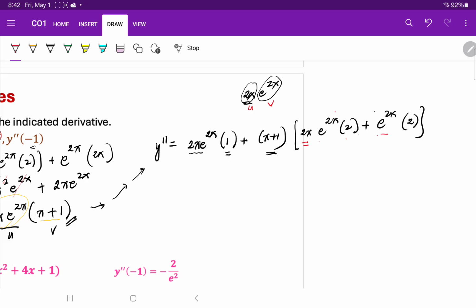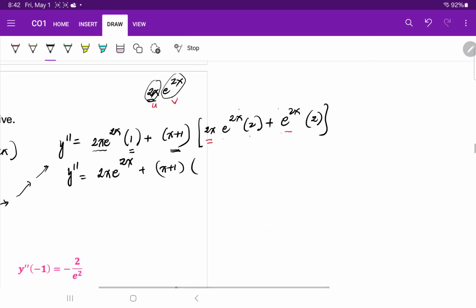And then we simplify. So what's the resulting y double prime? 2x e to the 2x plus x plus 1 times, here again we have something common. We have 2 and e to the 2x common, so we copy 2 e to the 2x. Hold on, let's use a bracket.